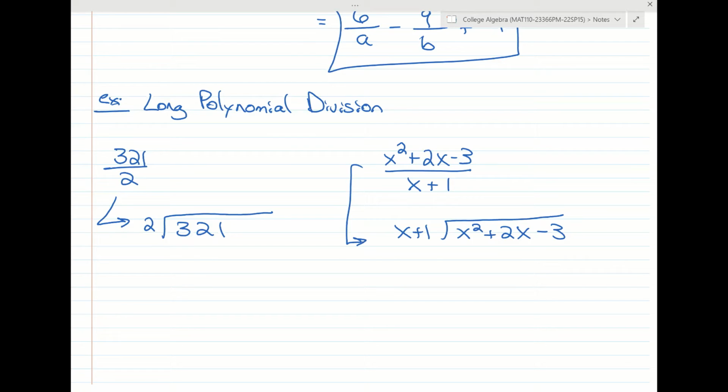If you remember back to middle school, the way this started is you figure out 2 times what is 3, or 2 times what gets you close to 3. The answer is 1. And then you do 1 times 2.